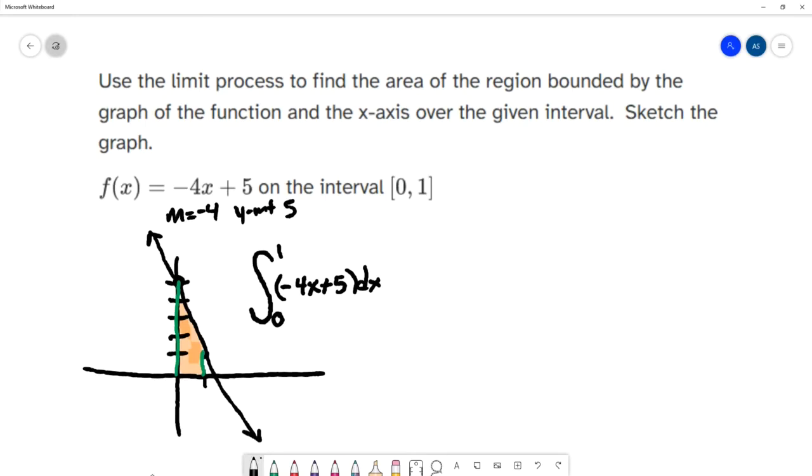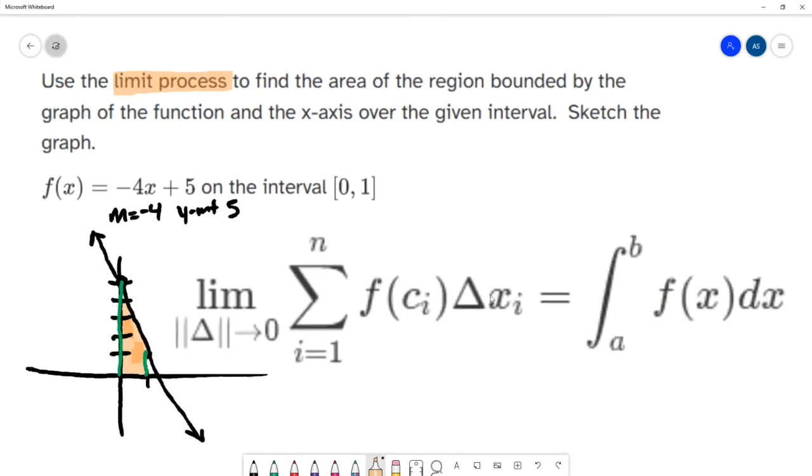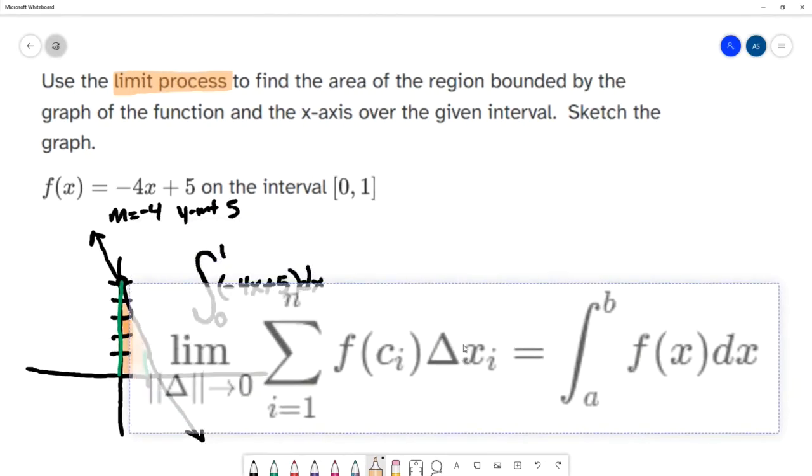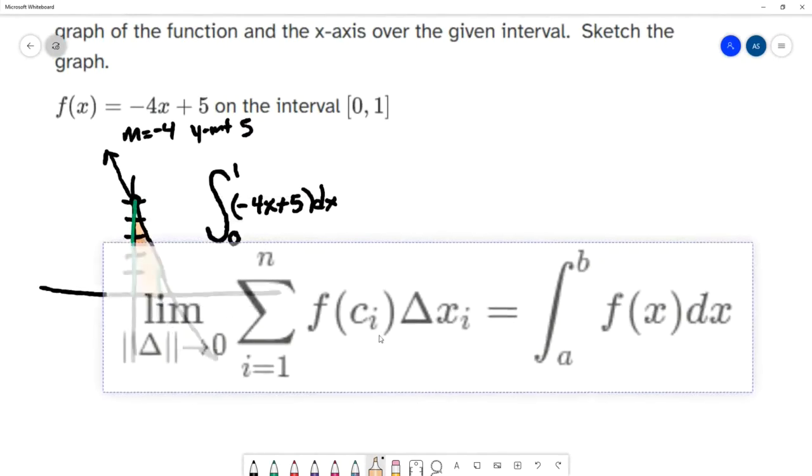Now we could find this definite integral very easily with the fundamental theorem of calculus, but these directions specifically say to use the limit process. So I'm going to give you the definition of the definite integral using that limit definition.